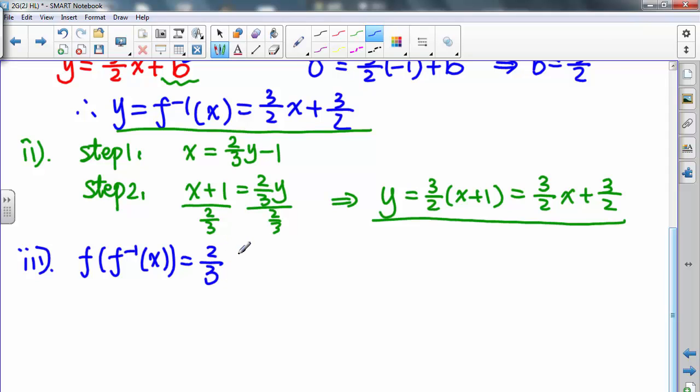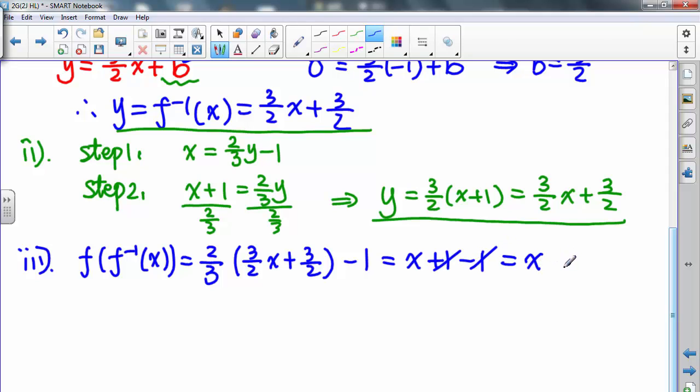So 2/3 times brackets 3 over 2x plus 3 over 2, minus 1. Open the brackets. 2/3 times 3 over 2 is 1, so 1x. 2/3 times 3 over 2, 1. Plus 1 minus 1, they cancel out. So it's really x.